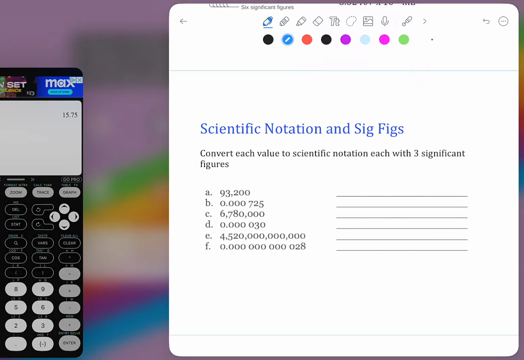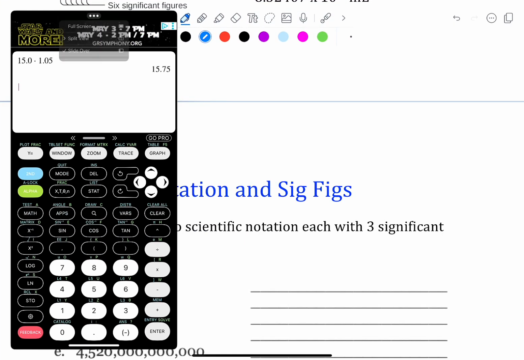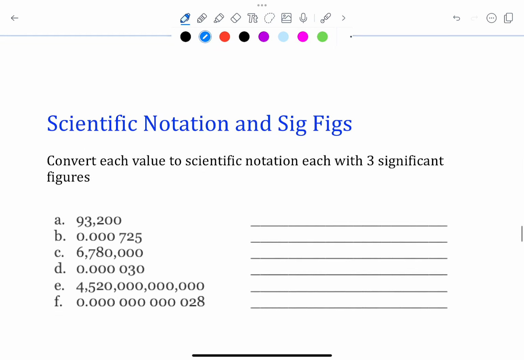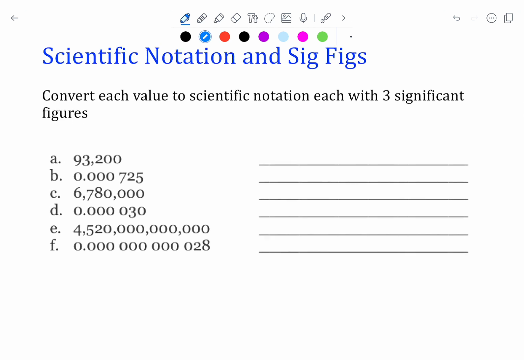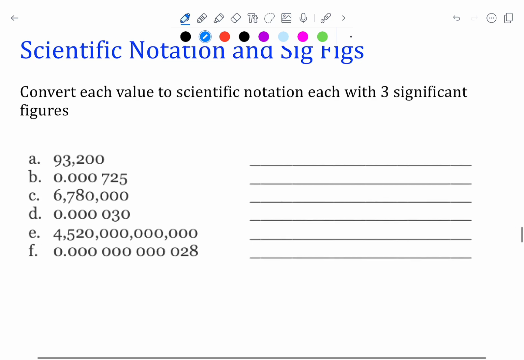Let's move down so we can zoom in. Okay, so we have 93,200. So my decimal is here. We're moving it 1, 2, 3, 4 places to get 9.3200 times 10 to the 4.